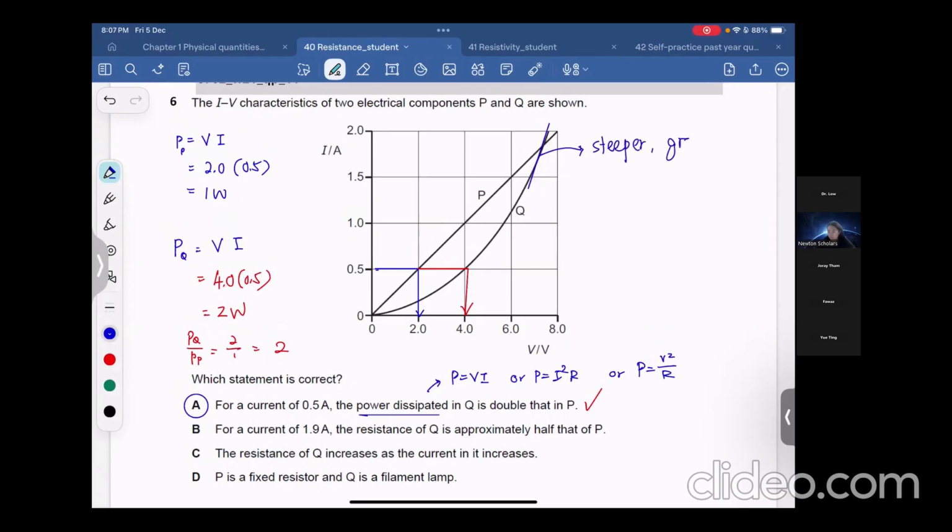That means that your gradient is higher. Resistance is V over I. So in this graph, it should be 1 over gradient. So when your gradient increases, your R should decrease. So for Q, it should decrease, not increase.